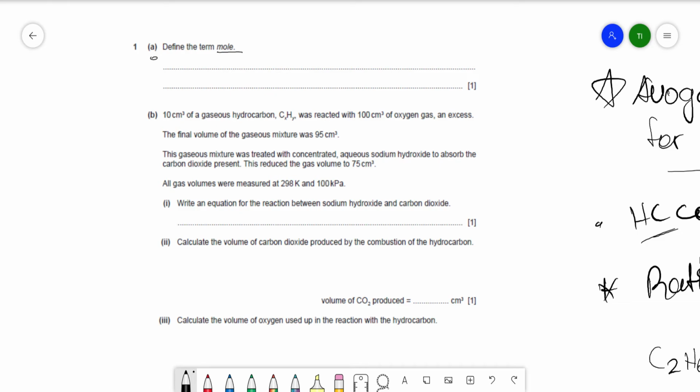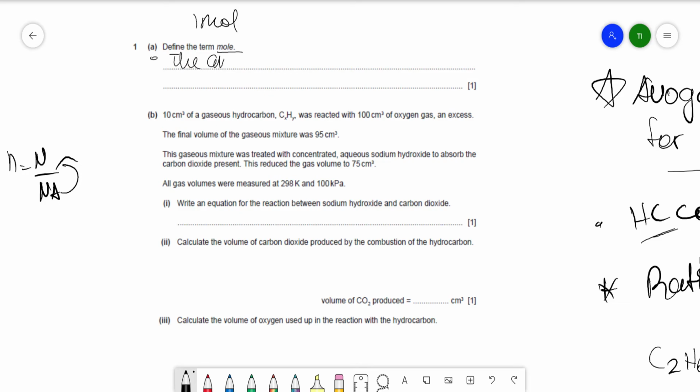The primary idea behind the mole is the amount of substance, right? So n is equal to N by Na, the amount of substance in comparison to the Avogadro's constant. So because we're defining the term mole, assuming 1 mole, what would 1 mole of a compound or a substance be?